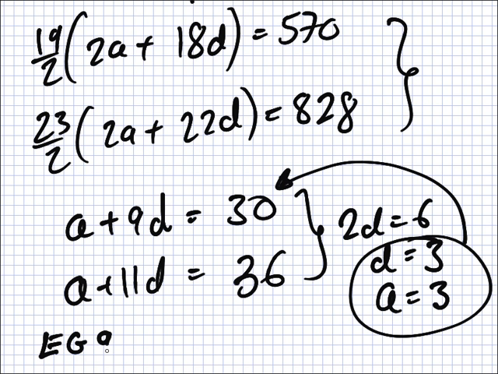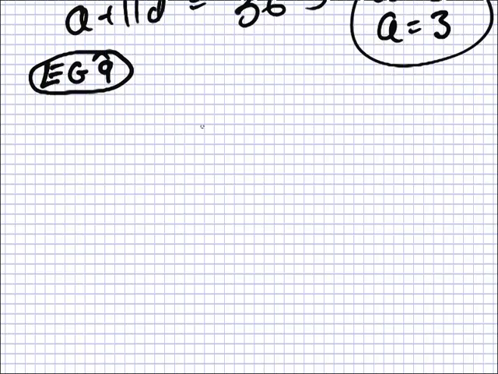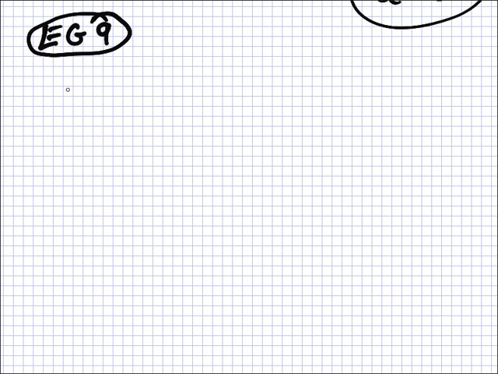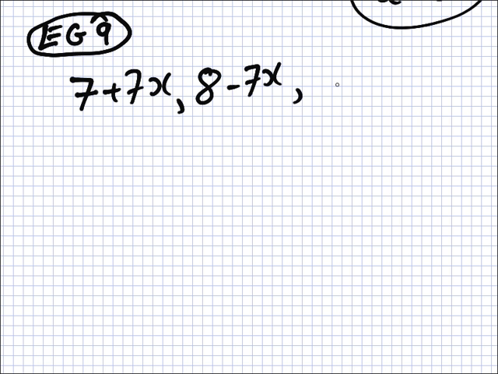Example 9. Last example. Can I scroll down? So this one here, I tell you that 7 plus 7x, 8 minus 7x, and 3 minus 7x are numbers that are forming an arithmetic progression.